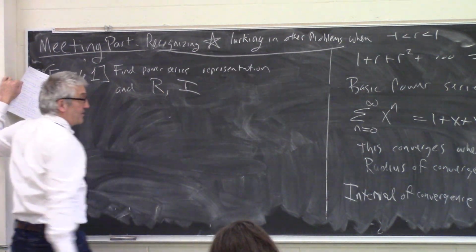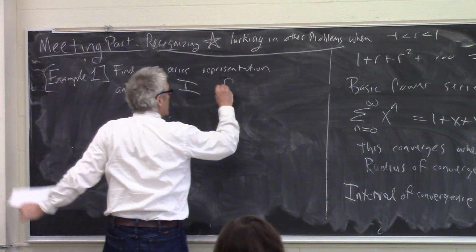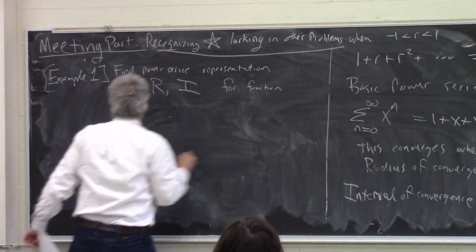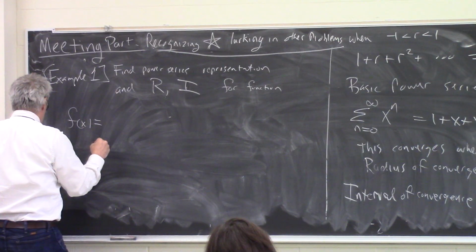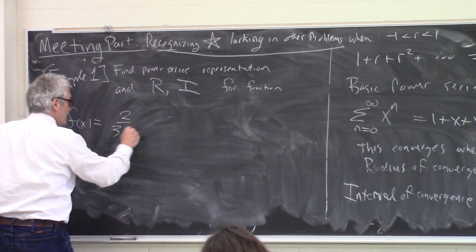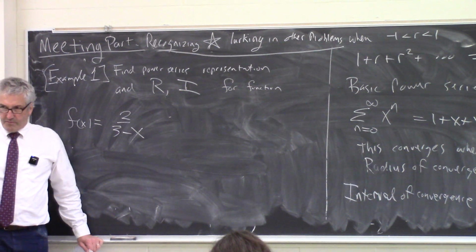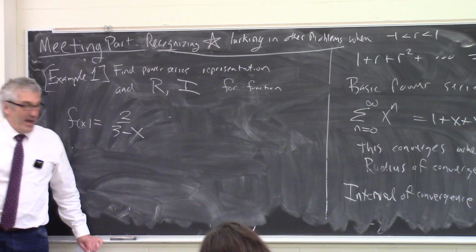That means the radius of convergence and the interval of convergence for the function f of x equals 2 over 3 minus x. Ian, what's the domain of this function? Real numbers except for 3. Yeah.